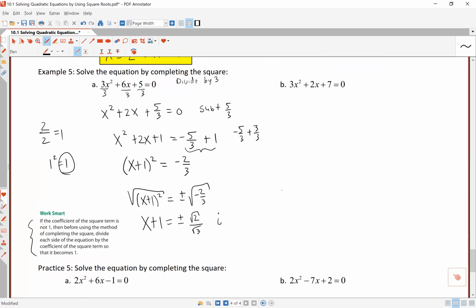Well, remember, with a square root of 3 in the denominator, we have to rationalize that by multiplying top and bottom by square root of 3. That gives you square root of 6 over 3i. And one last thing to do, subtract 1 from both sides. And we get negative 1 plus or minus square root of 6 over 3i.